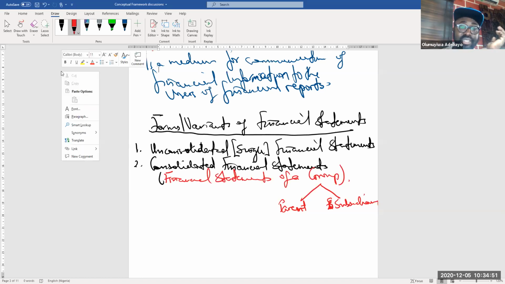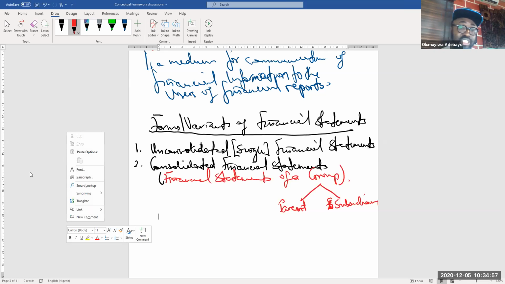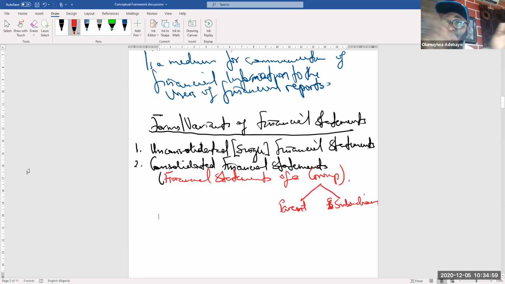The uniqueness of this is that these entities have a relationship with respect to investment by one in another. The parent is said to have investment in the subsidiary so that the parent has control over the subsidiary. And when we have such in any situation, we say the two entities are members of a group.